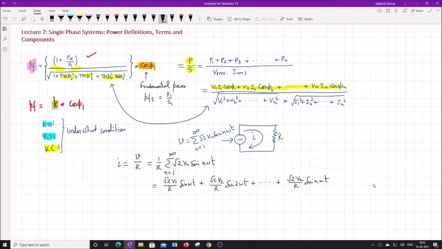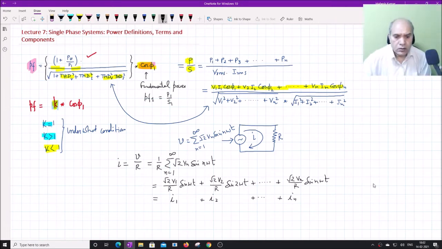This is i1, this is i2, and this goes on plus in. So you can see from this that the currents i1, i2 are in respective phases to their voltages.